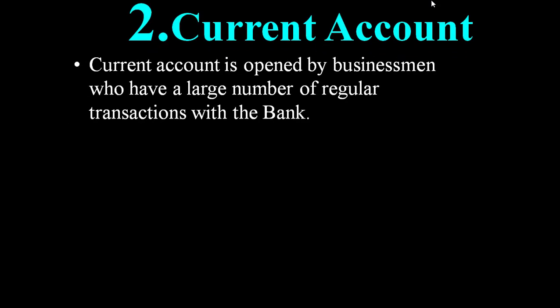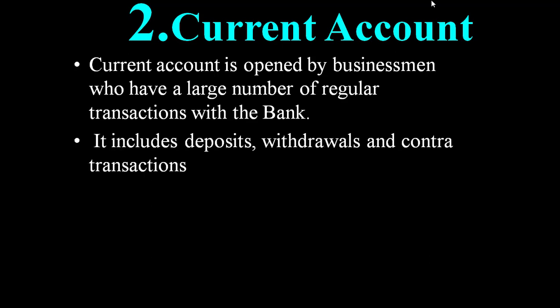Let's come to the second one, that is the current account. A current account is usually opened by businessmen who have a large number of regular transactions with the bank. It includes deposits, withdrawals and contra transactions.